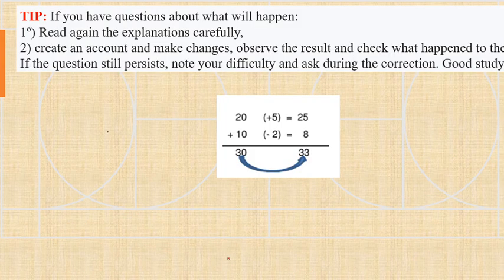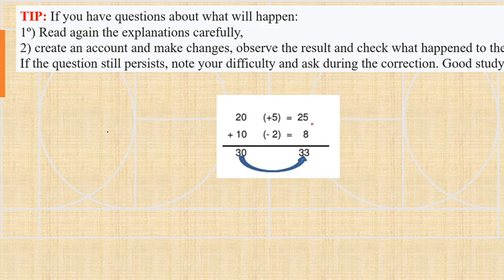Then, here is an example of what happens, okay? So I have 20 plus 10 is 30. And I added 5 units to the first addend, and I subtracted 2 units from the second addend.